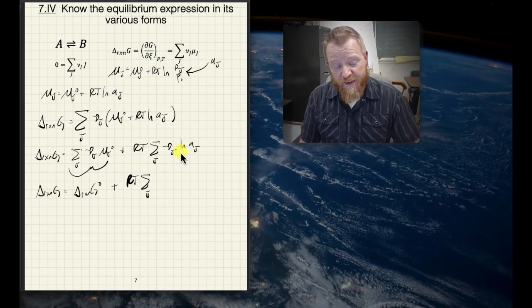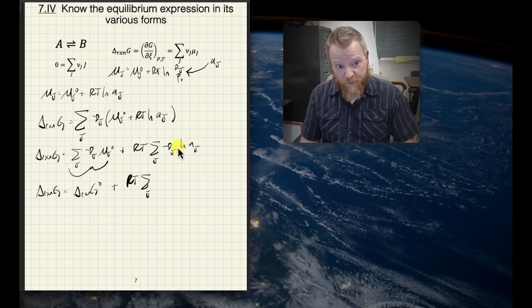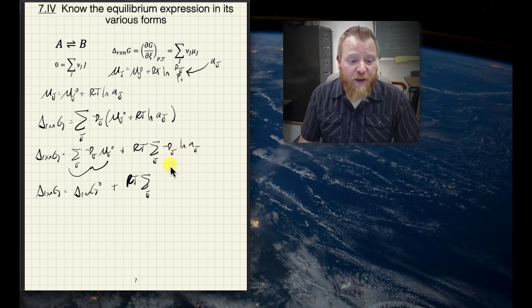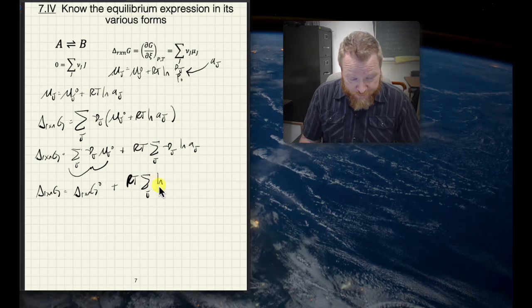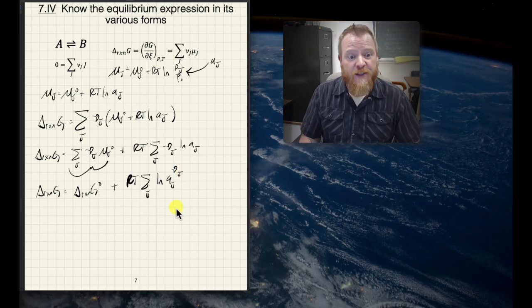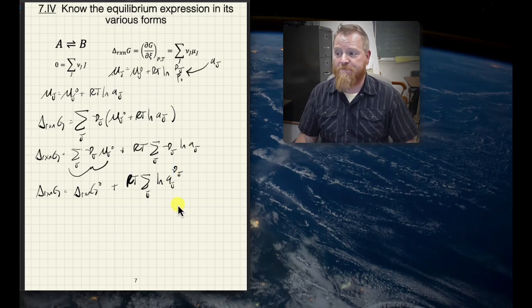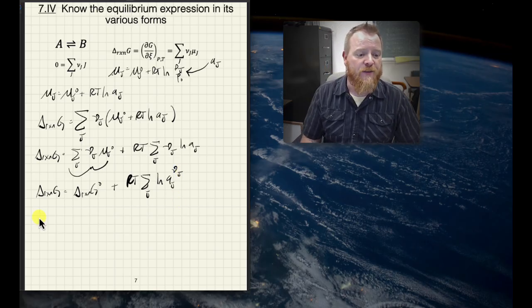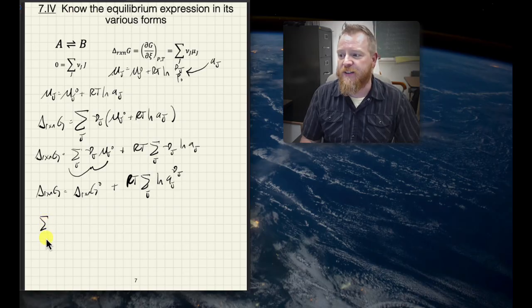Okay? So now I'm going to keep going with this and write RT sum of J, but now if you recall in this natural log property, when I have a quantity times a natural log, I can also write that as a power. So that's natural log of AJ raised to the nu J. Okay? And then now something algebraically interesting happens. So I'll just write this generically.